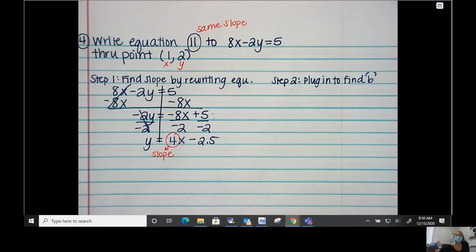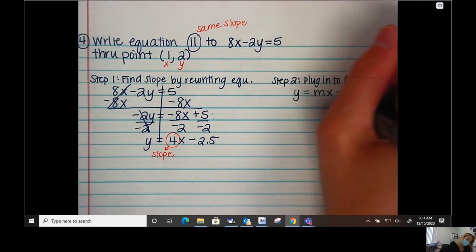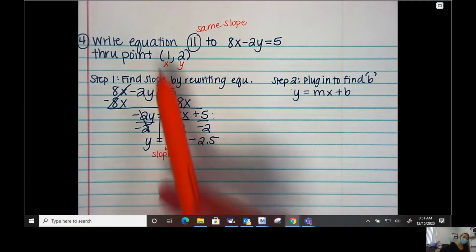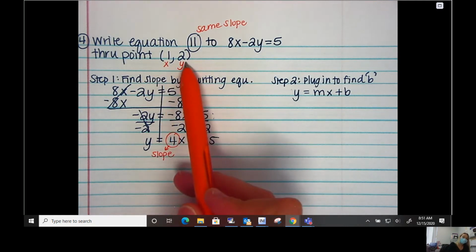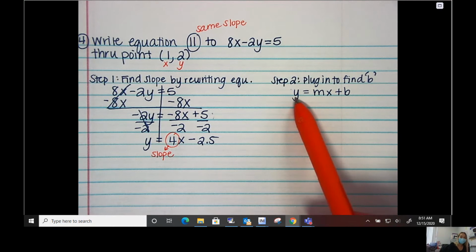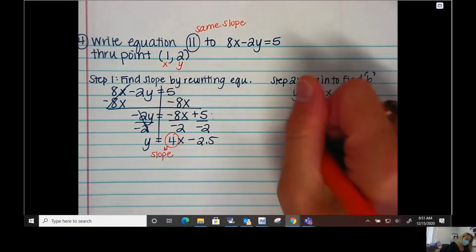So I'm going to start with the original equation of a line, which is y equals mx plus b. And I'm going to plug in my slope, my x, my y value, and I'm going to figure out what my b value is. What number are you going to plug in for y? 2, right here.